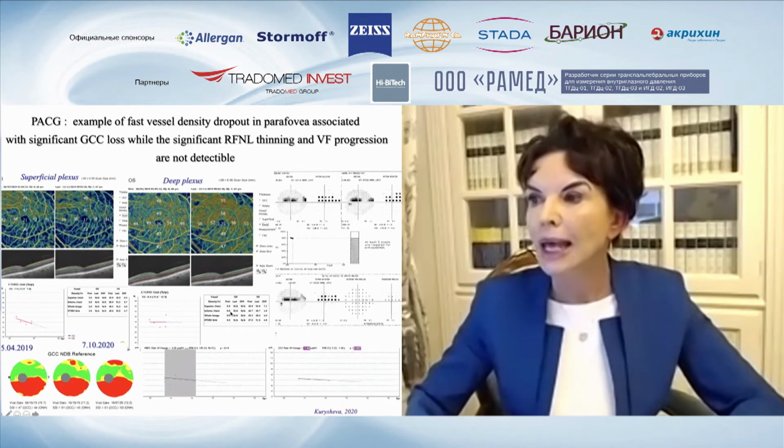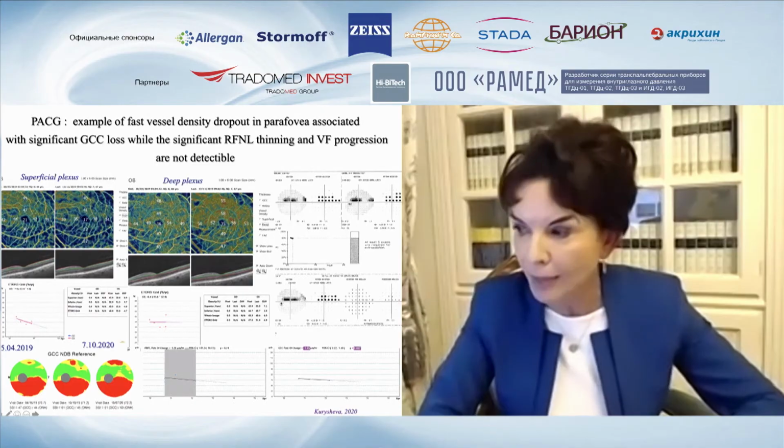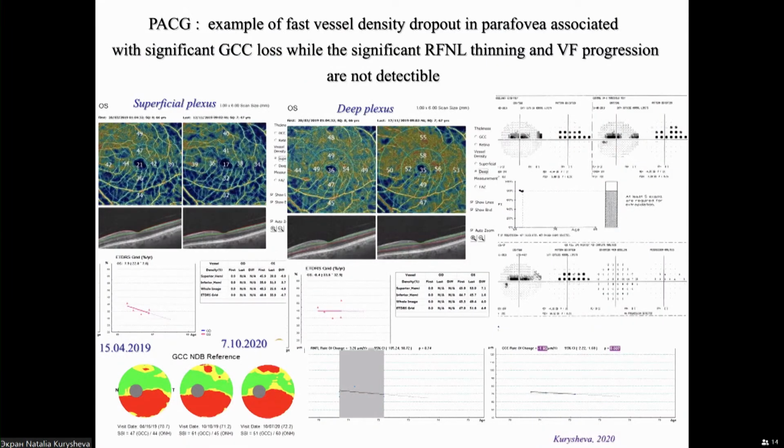And in the next clinical example, when we have followed the patient, we can also see the significant change of ganglion cell complex that is associated with the very fast dropout of vessel density in parafovea during a rather short period of time, despite any changes in visual fields and retinal nerve fibers.